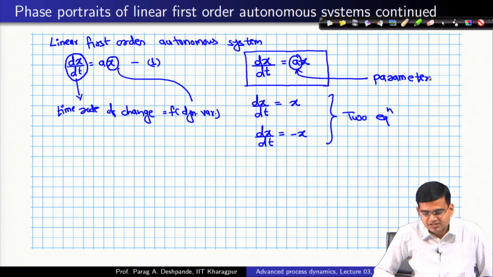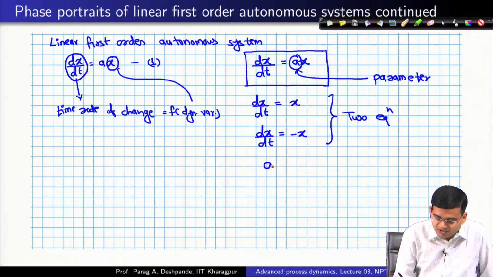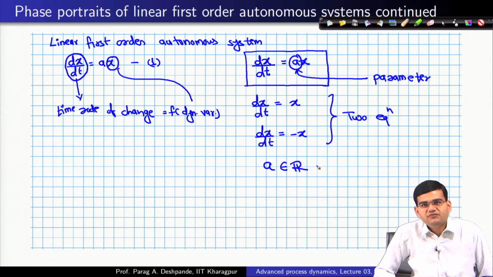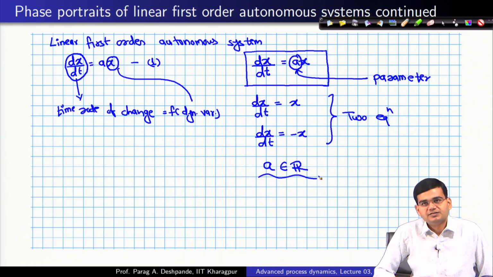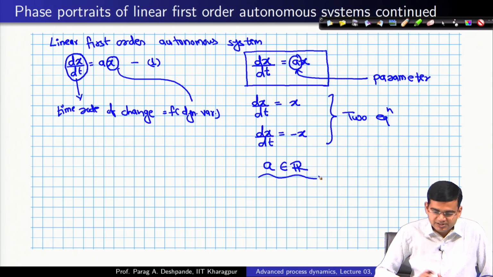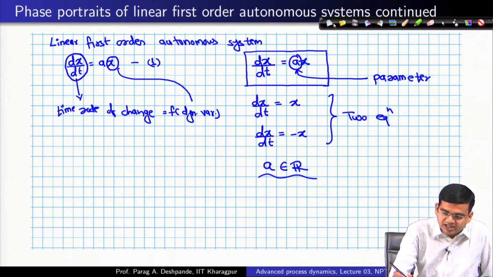The number of equations which you actually have is very many, and if in your case a belongs to R, then you in principle have infinite number of such equations, because you have infinite number of a's, and therefore, one needs to understand the dependence of the dynamics of the system on the value of a, or the nature of a rather. Okay. So, therefore, let us look into the solutions and the behavior of the solutions.